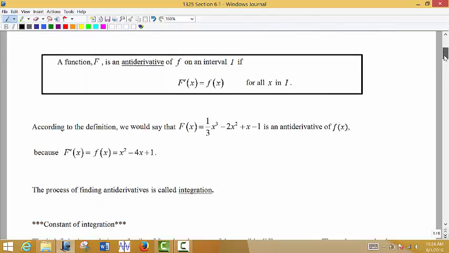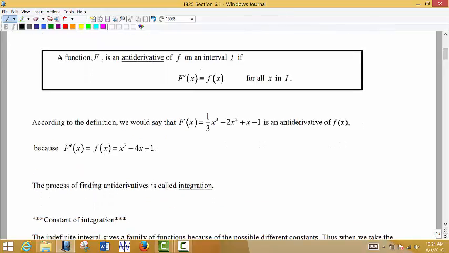Alright, so we would say that a function F is an antiderivative of f on an interval I if F prime of x equals f of x for all x in I. So for example, going back to what we had, this could be the original function if the derivative was equal to x squared minus 4x plus 1.